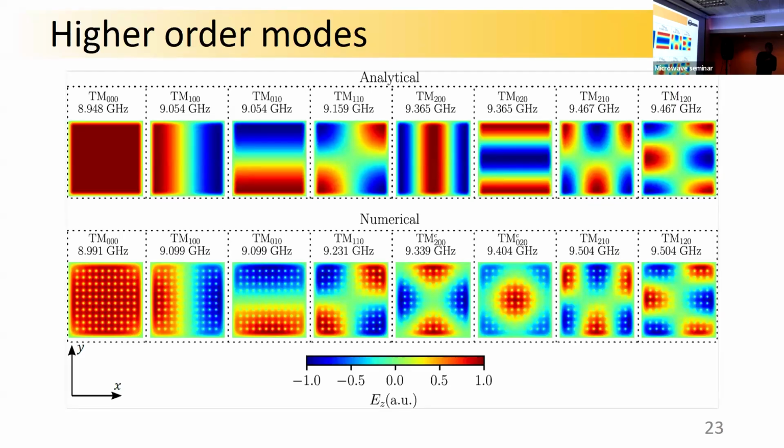This is a limitation of the analytical model, that we cannot predict coupling between the X and Y dependence of the fields, particularly in this TM200 and in this TM020, where we can see just dependencies in the X direction or in the vertical direction.